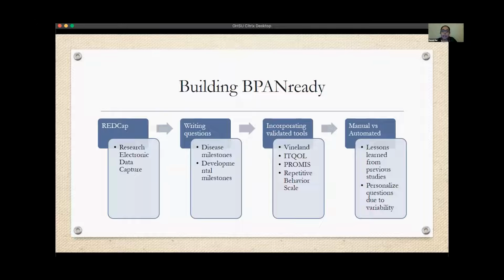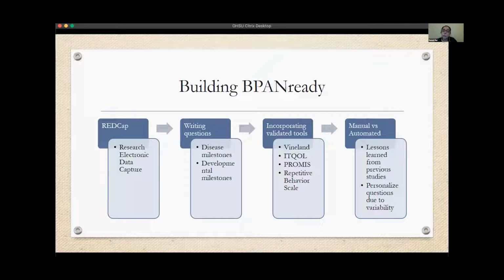And we wrote questions based on the key points that I mentioned before. And we developed disease-specific milestone questions as well as developmental milestone questions. Most of these are prospective, but a few of them are retrospective because we wanted to try to capture some of the early developmental milestones.